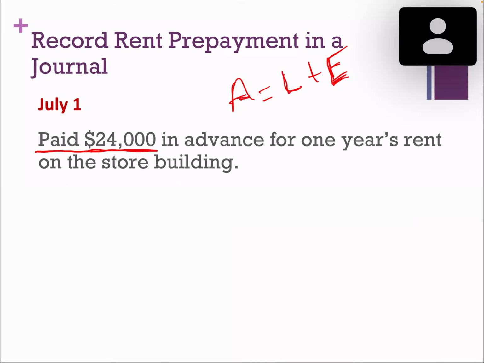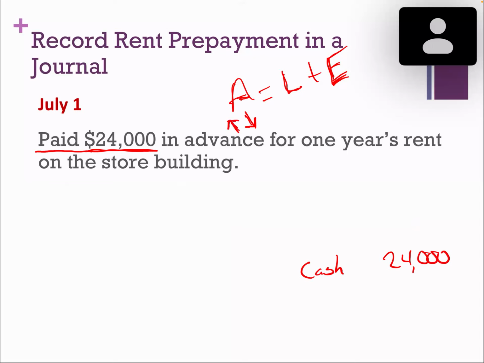So really what we have going on here is our cash is going down by $24,000, right? We paid out cash. So to get cash to go down, we credit that account, $24,000. Okay, but it's a credit. Our debit is actually, we have a resource that's going to go up, right?